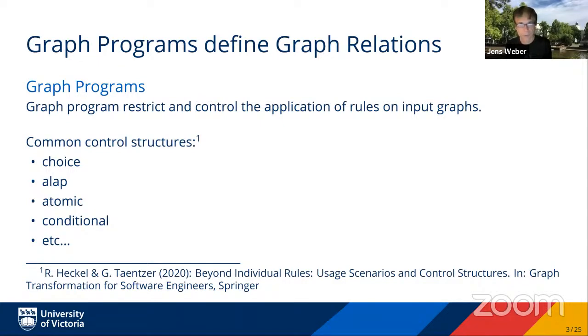Raiko and Gabi, in their book chapter quoted at the bottom, talk about some common ones, like a choice of different rules, looping constructs like as long as possible, ALAP, an atomic block of statements that are executed all or nothing, conditionals, etc.